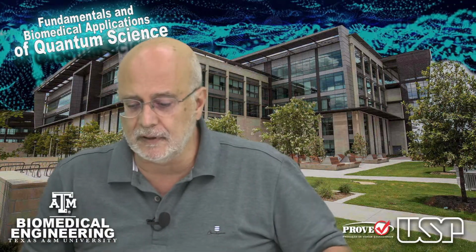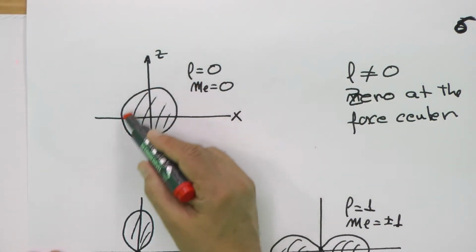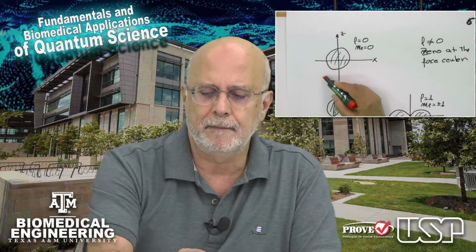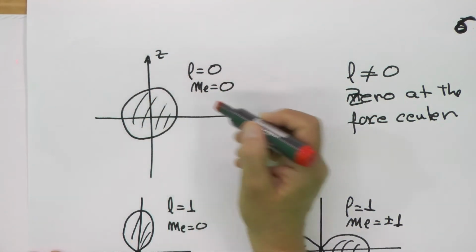I did not put the value of the functions themselves, but I can show you the plots. Those are the solutions when you have, for instance, L equals 0. We have a spherical type of shape with some dependence on the radius for the probability distribution.